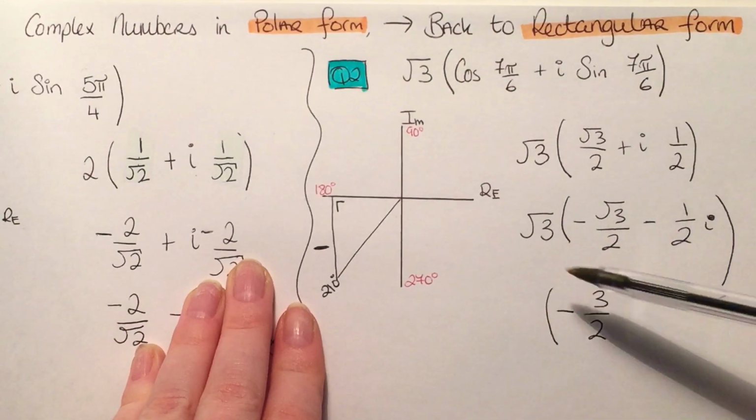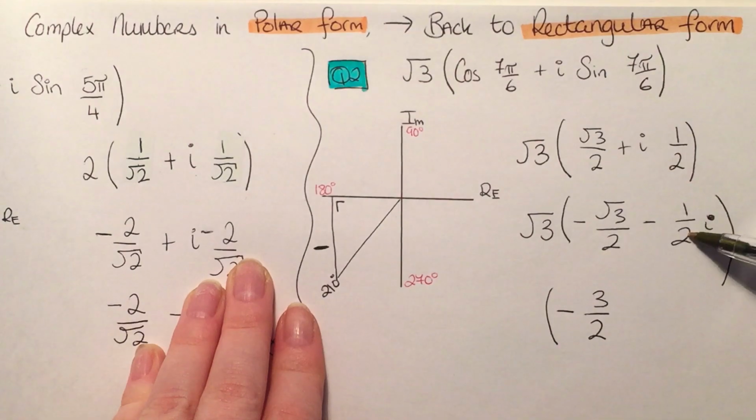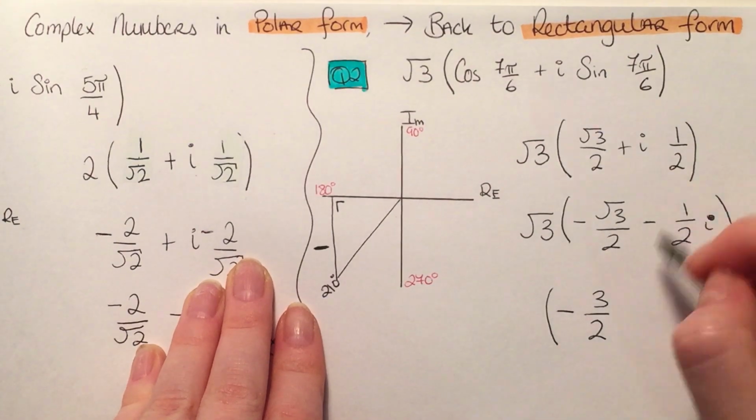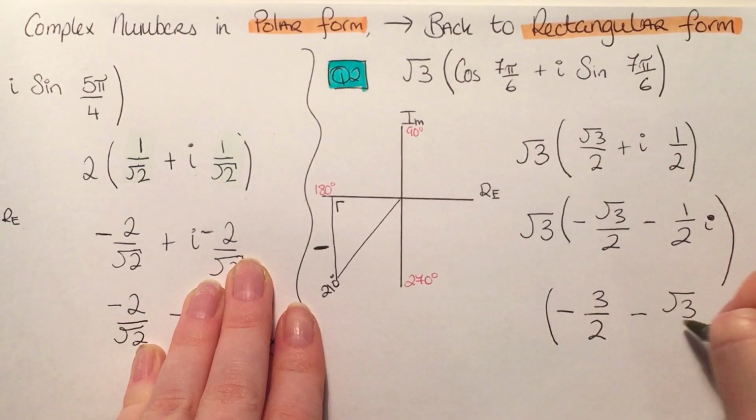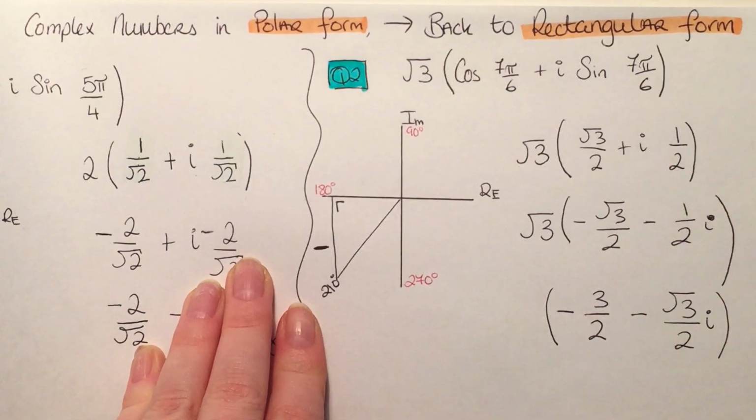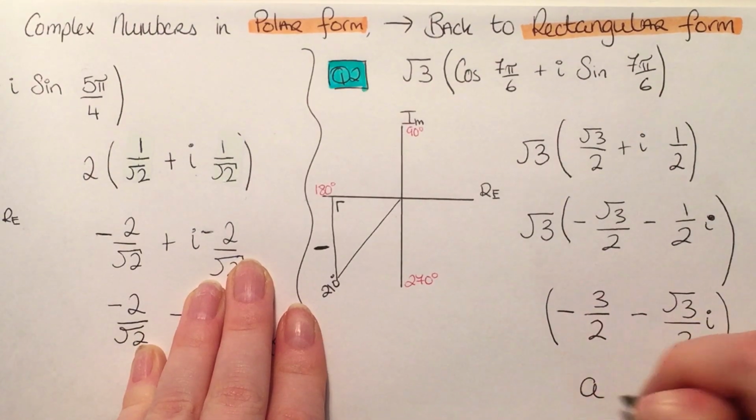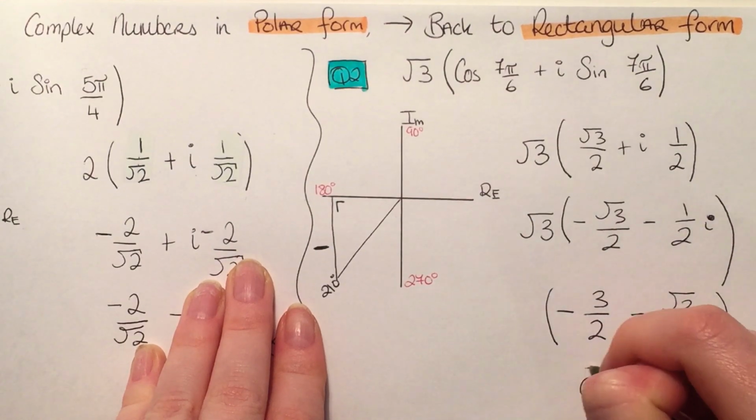And again, into your calculator, root 3 multiplied by half, and you should get root 3 over 2. Remember, that's our imaginary part, so that's our i. And that's us now back into rectangular form. So this is us a plus bi, or rectangular form.